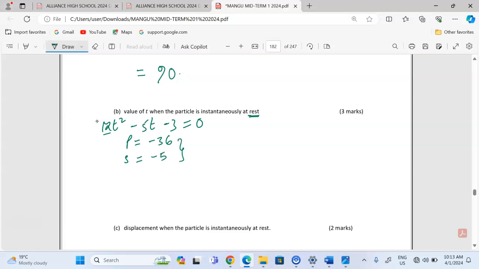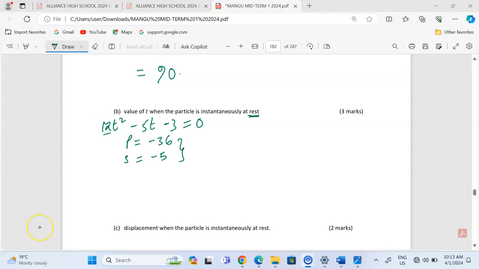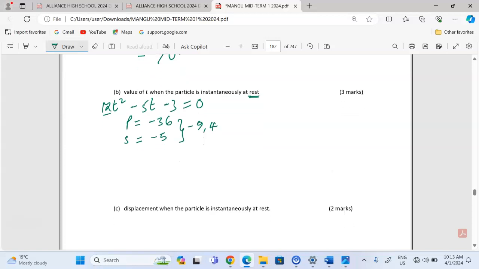Now we need two factors which, when multiplied, give us -36, and when added, give us -5. Let us look at -9 and +4. When multiplied they give -36, and when added, -5. So we can now solve for t.